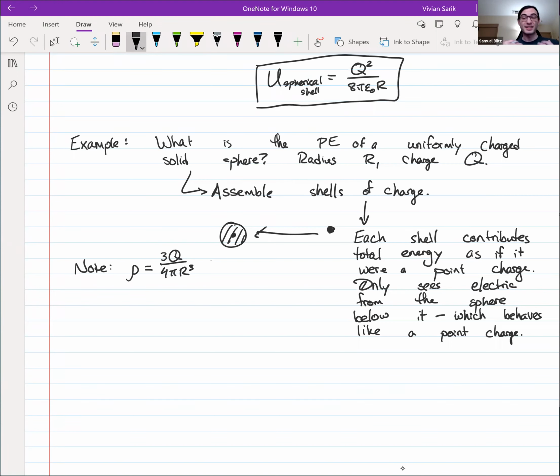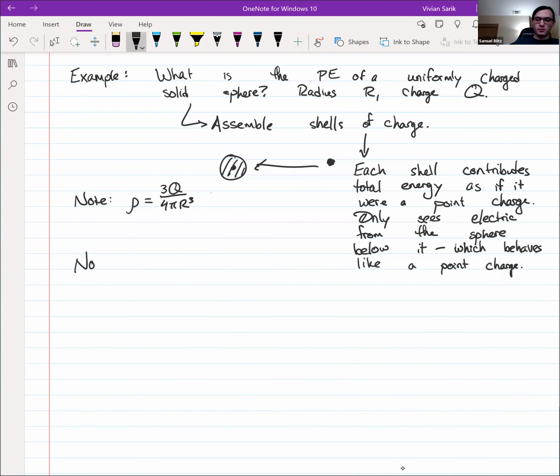So now let's ask, at some intermediate time, how much extra energy does the shell add? We're going to suppose the sphere has been assembled to radius little r.